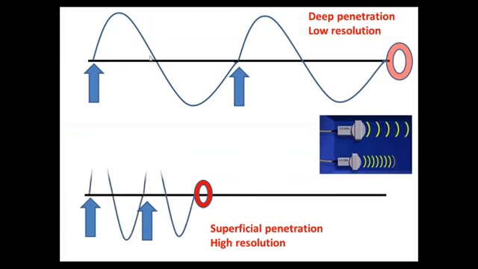So the low frequency can penetrate deeper but at the expense of resolution. High frequency can give you good resolution, and also it is good for superficial structures. So in neonates, we are relying more on high frequency ultrasound probes.